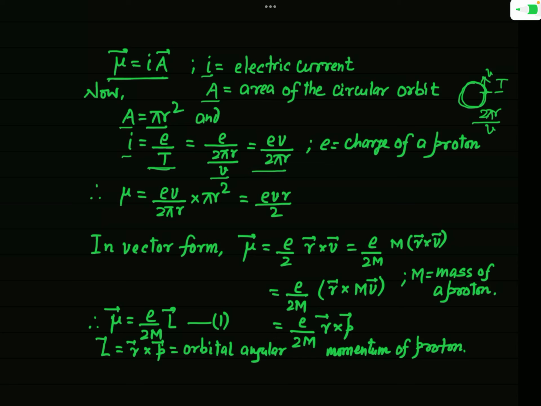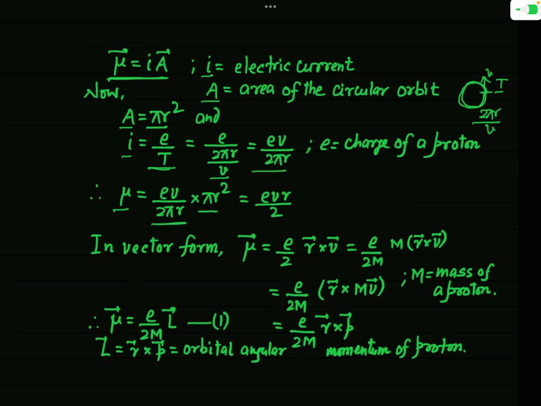So now substitute these two values in the expression for the magnetic dipole moment mu here. So the magnitude of mu will be what? This will be I, which is e v over 2 pi r, times A, which is pi r squared. So mu is equal to e v divided by 2 pi r into pi r squared.